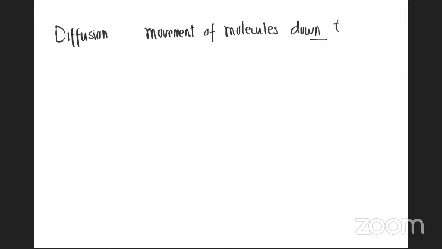The first feature of diffusion: diffusion is the movement of molecules or ions down the concentration gradient, from a region of high concentration to a region of low concentration.